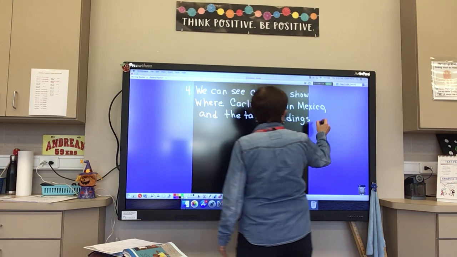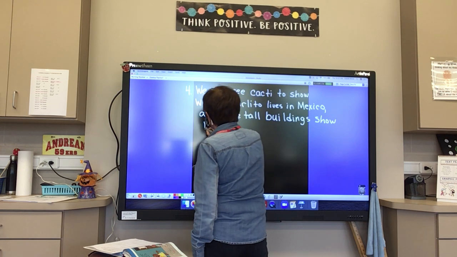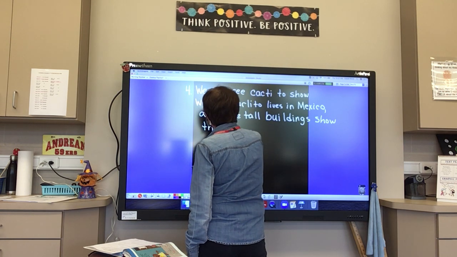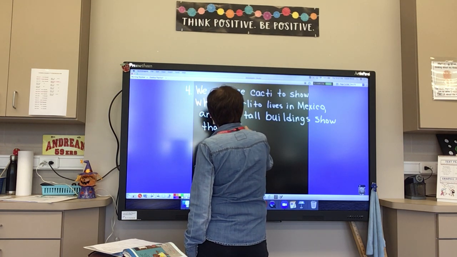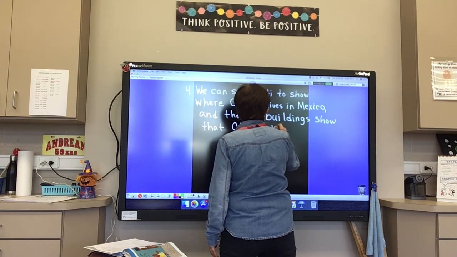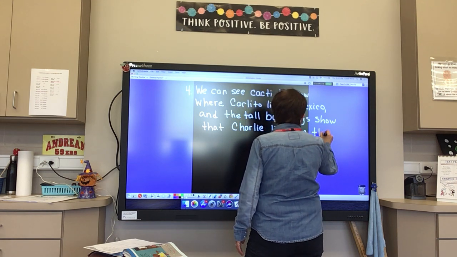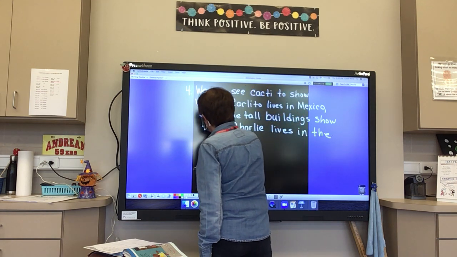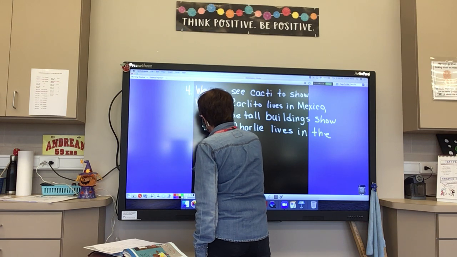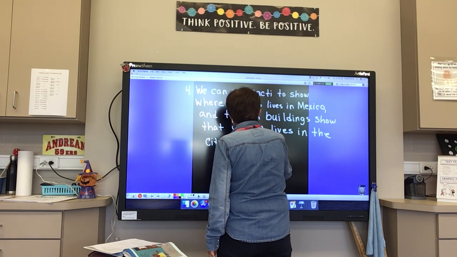And the tall buildings show that Charlie lives in the city in the USA.